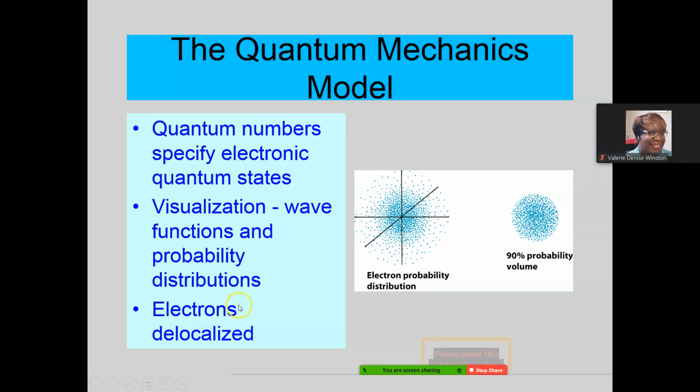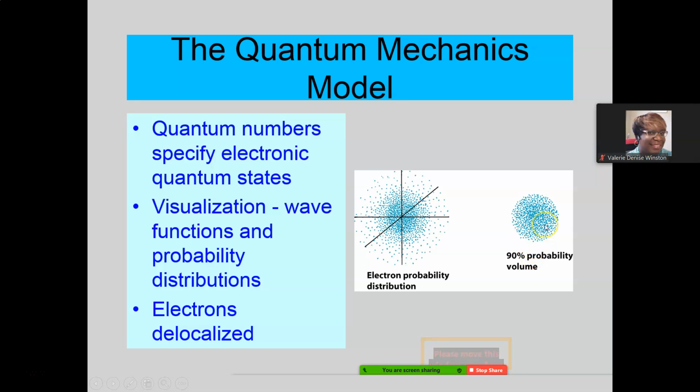Now here's what we mean by probability distribution. The electron, this is one electron, has this probability of being in any one of those dots, okay, at any time. Now, sure enough, most of the dots center right around there, with a significant number right around there. But you still have quite a few outside of that.